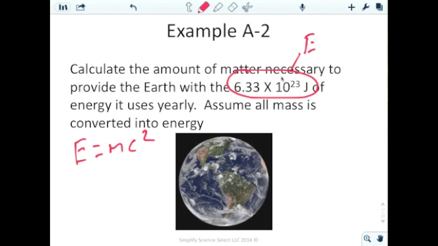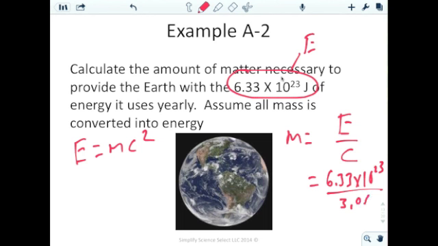So m equals the energy, 6.33 times 10 to the 23rd, all divided by c, 300 million, squared.